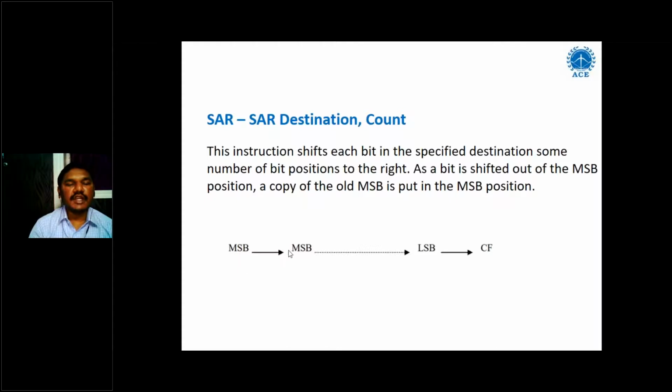Suppose you are shifting 100. It is shifted towards the right side, and the empty position is filled by the previous MSB of 1 again, so it becomes 110. Instead of 100, it becomes 1110. That is what we call SAR, destination, count.